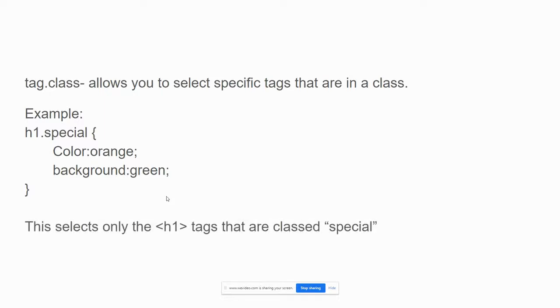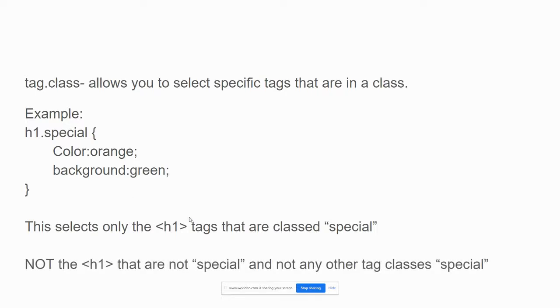Everything else that is class special would stay the same. This only selects the H1s in special. And the H1s that are not special don't change at all. And anything else in the class special doesn't change. It's only H1s in the class special.